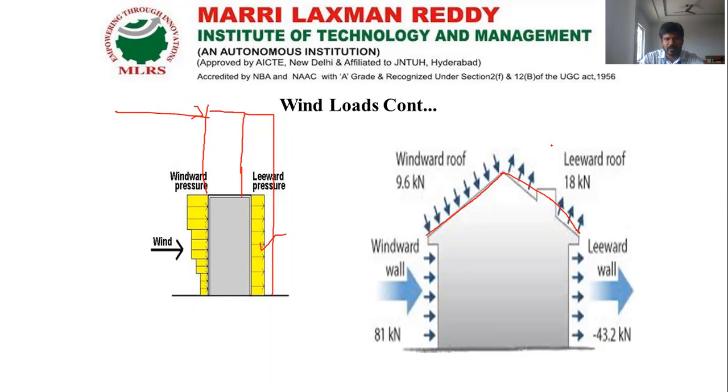Uplift is nothing but it is going to lift up the roof if it doesn't have sufficient stability. So on the leeward side, if it is a sloped roof structure, we have to ensure and resist the uplift pressure also. Our design should satisfy the uplift pressure condition also.